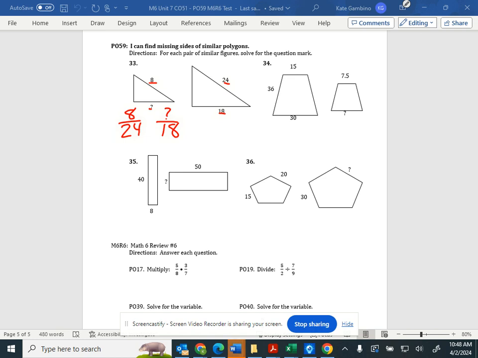Just like we did to see if they were similar, we matched up the sides, and then remember what we do. We cross multiply, and then divide out that other number. So 8 times 18 divided by 24 gives me 6 for an answer.